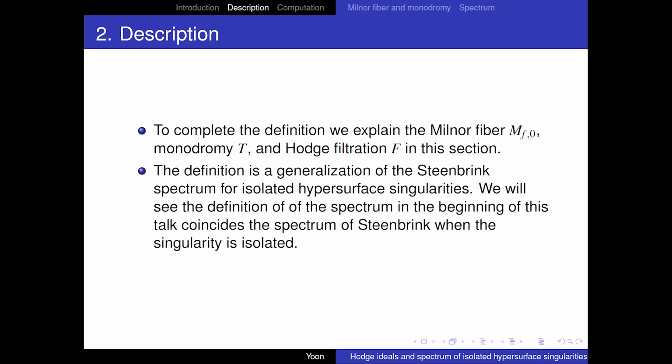The first person who introduced the spectrum is Steenbrink, I think. And he gave a spectrum for isolated singularities. The definition which I showed you is a kind of generalization of the original spectrum of Steenbrink you saw last time.